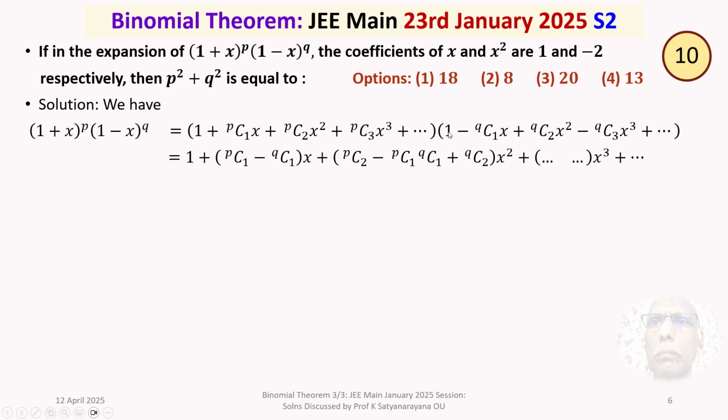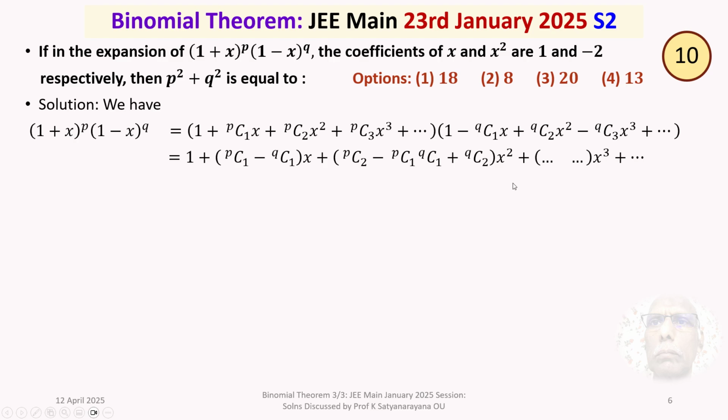The coefficient of x² is 1 into pC2, minus pC1 into qC1, plus qC2, x². So this is what we have written. Those are the coefficients of x² plus the coefficients of x³ plus so on and so forth. We have not left any term up to this, right?